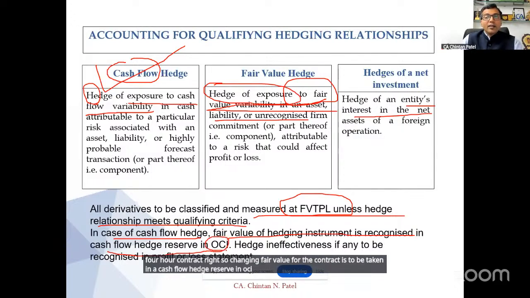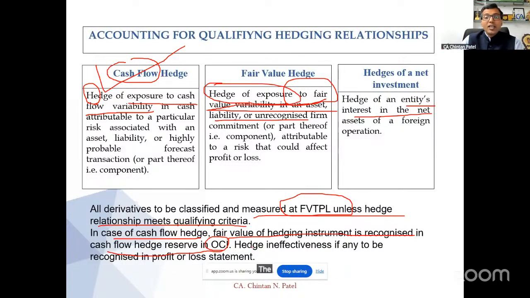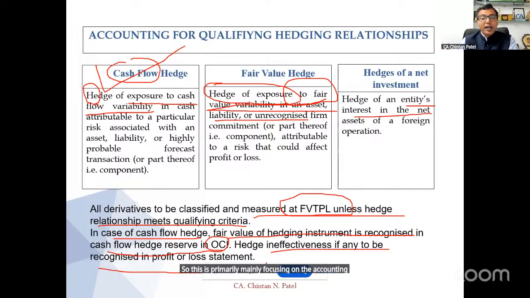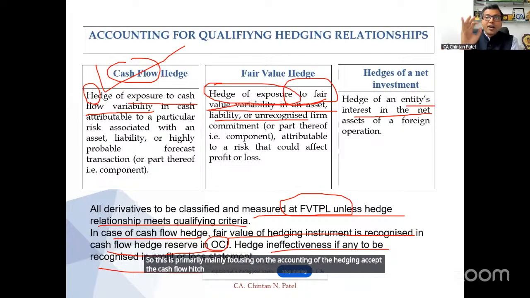However, if the hedge is ineffective, or some portion of the hedge is ineffective, the ineffective portion needs to be reclassified to the profit and loss statement. This is mainly focusing on the accounting of the hedging. Except for the cash flow hedge, every change in fair value in a hedge needs to be taken as a part of the profit and loss statement.